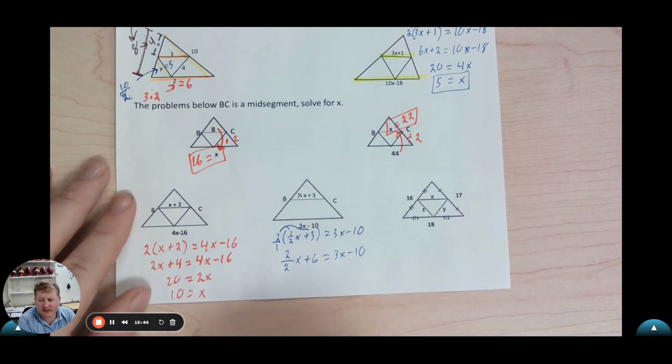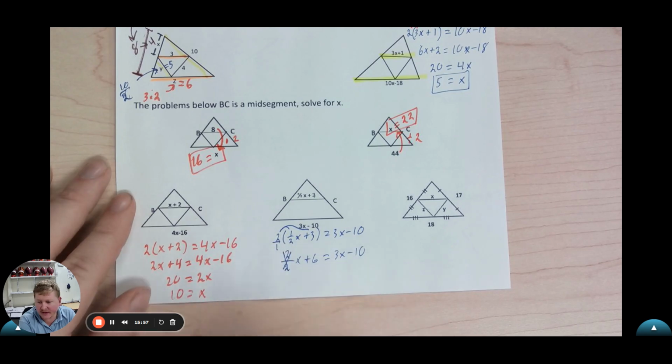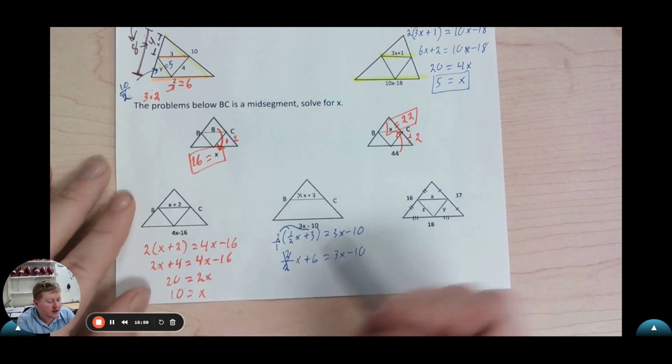Well, guys, 2 over 2, what happens with that? They just cancel out. They cross off. And guys, once again, if you recognize this, you could have seen this right from the get-go. 2 times 1/2, well, those are the reciprocals of each other, aka they're going to cancel each other out. So, we actually get left with x plus 6 is equal to 3x minus 10.